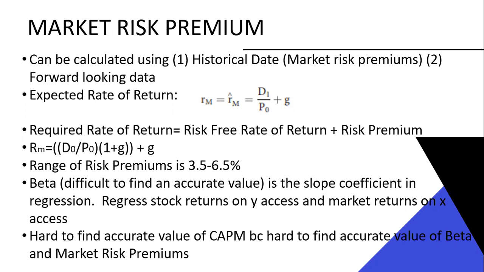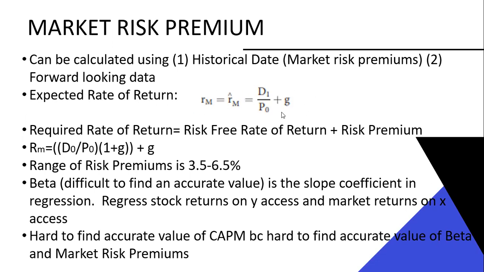But sometimes you're not going to be given what the expected market return is, and in those cases it needs to be calculated. So the discounted cash flow approach gives us a formula to calculate the expected rate of return, and that formula is right over here.